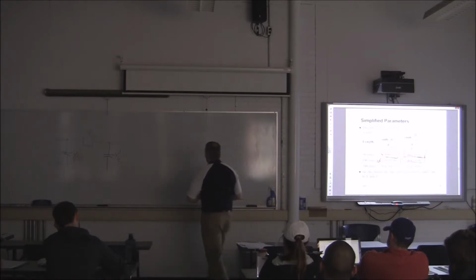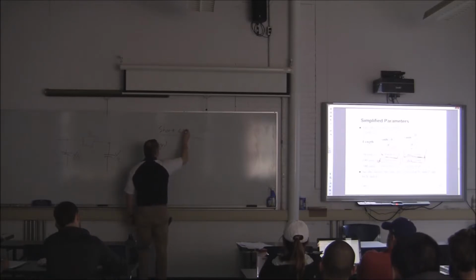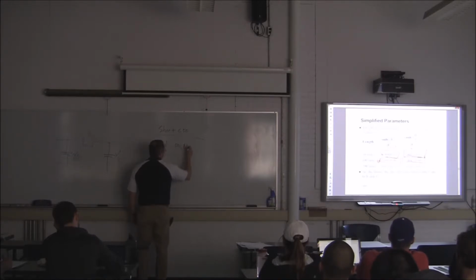Okay? So let's summarize. Here's a short, medium, and long. So this is less than 50. This is generally between 50 and 150. And this is usually greater than 150.